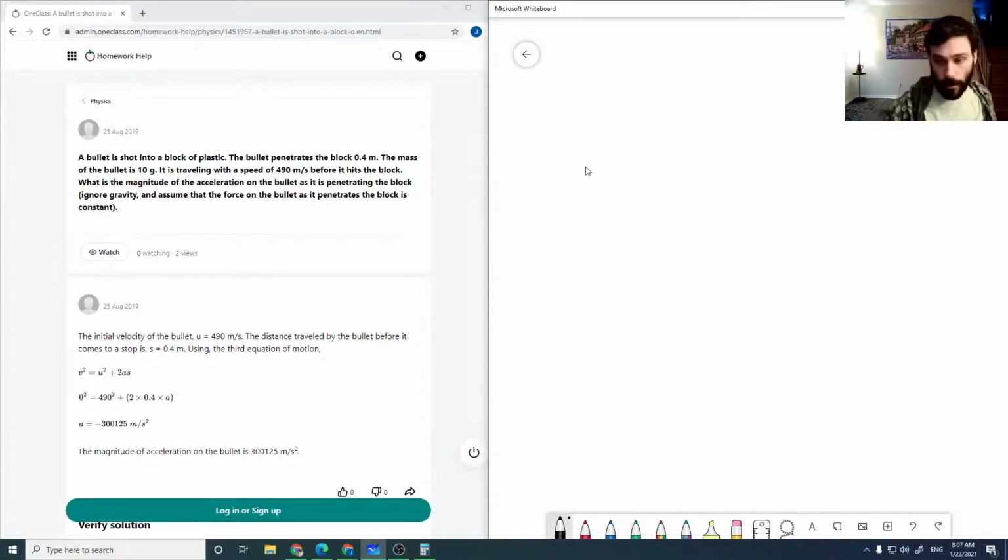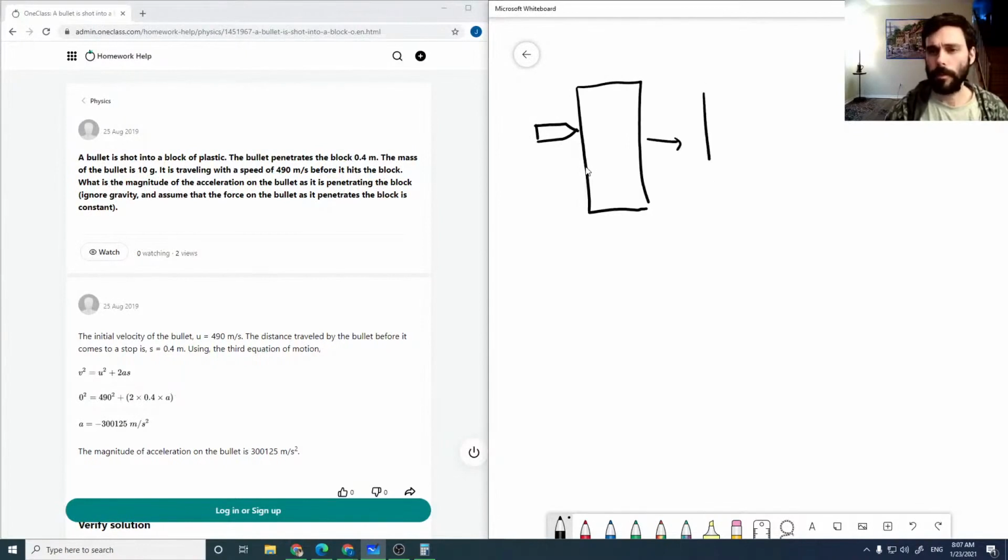Alright, we've got a bullet shot into a piece of plastic, a plastic block, and it penetrates the block by 0.4 meters.